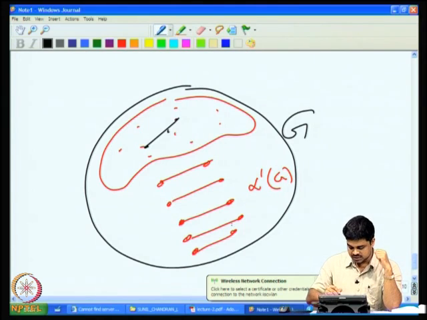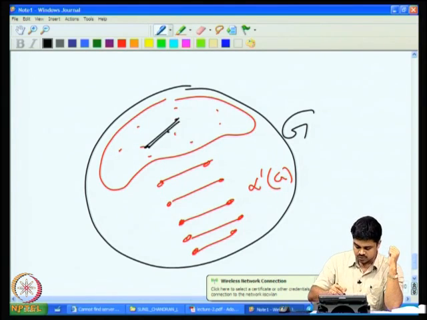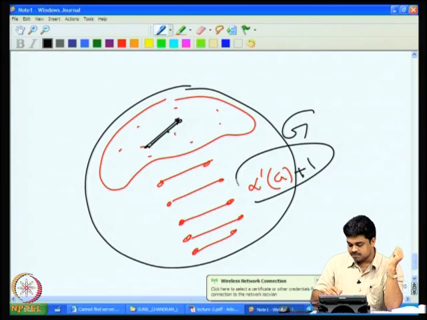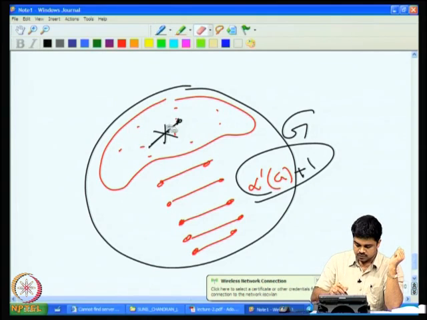That means these edges and this one together would have made a matching of cardinality alpha dash of G plus 1, which is a contradiction. We know that the biggest cardinality of a matching in the graph is alpha dash of G. So this edge will never occur.